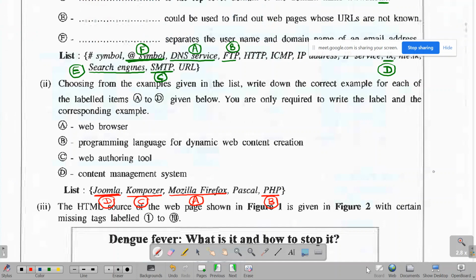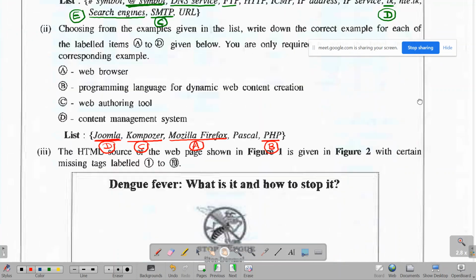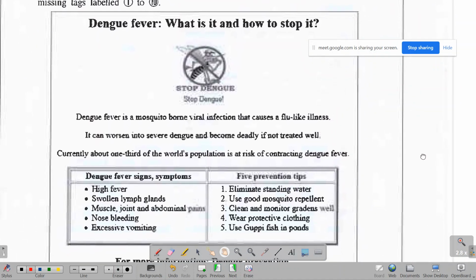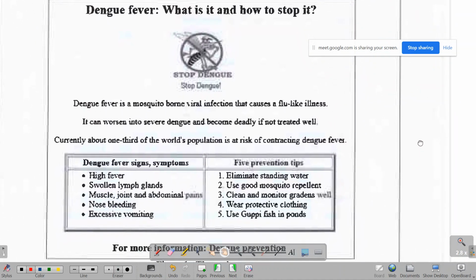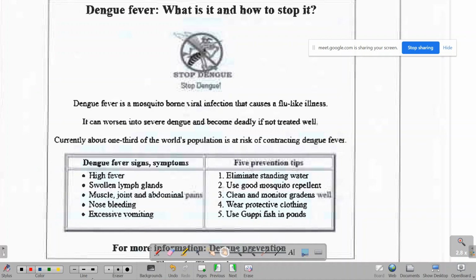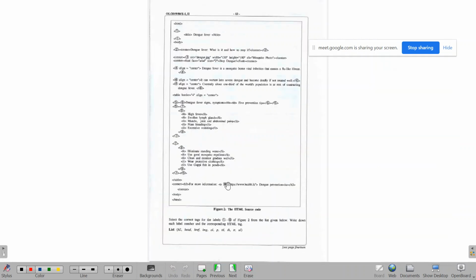Okay, so the third part is about the HTML output. I'll take the code to the next page so it will be easier for me.